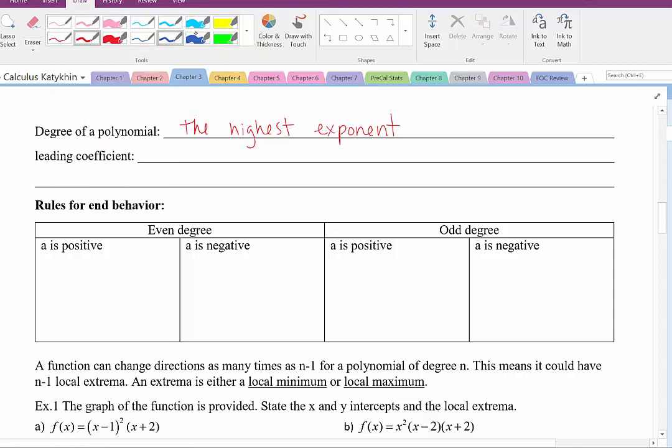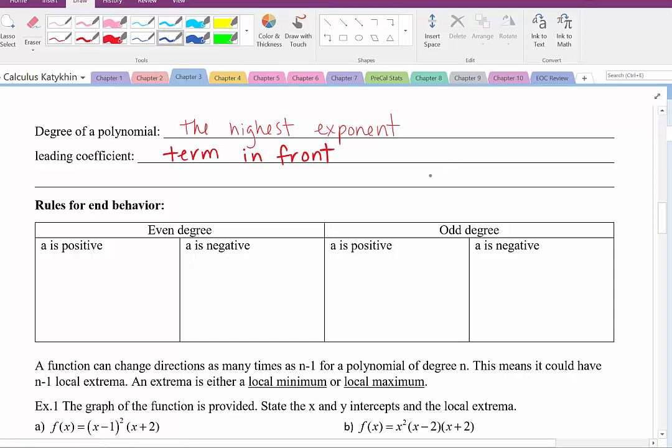Let me write something larger, I think it will be better. Now, the leading coefficient is what we call the term in front. I'll give you an example of that.